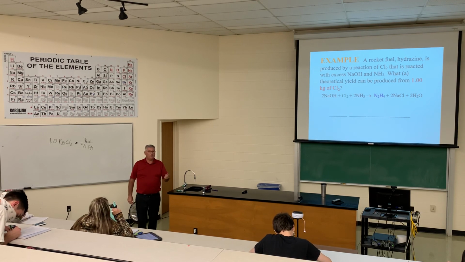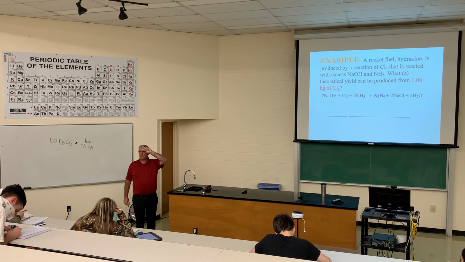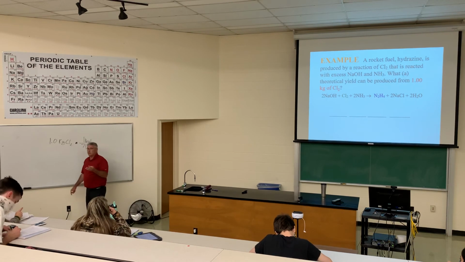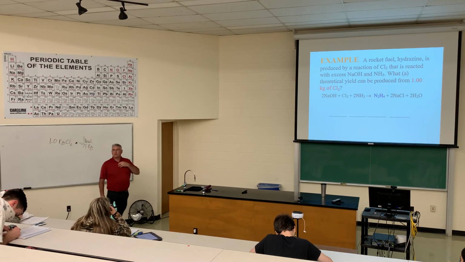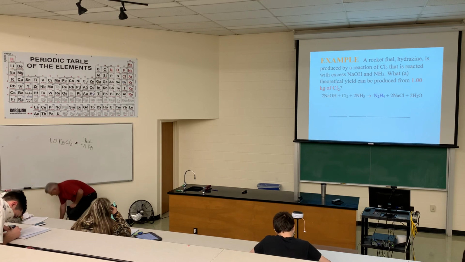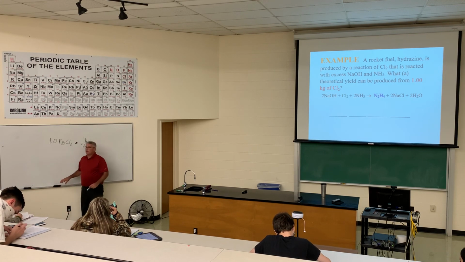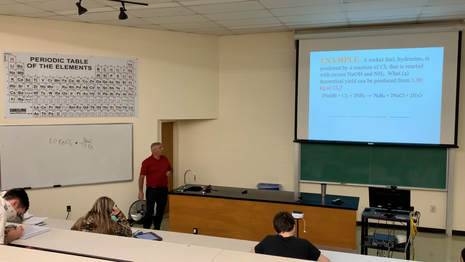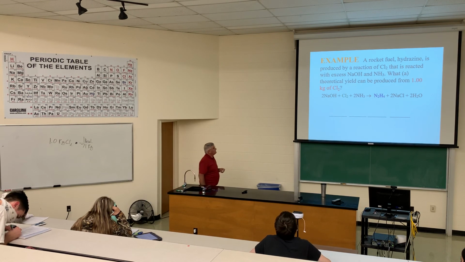So don't be confused by that if you see that. I can use millimole, I can use nanomole, nanogram, milligram, and so on. And you'll see that in a lot of calculations.